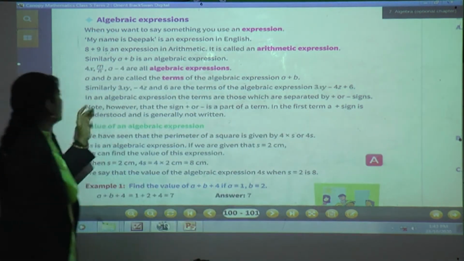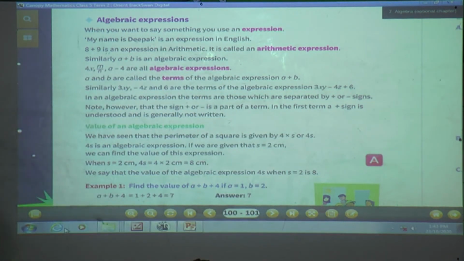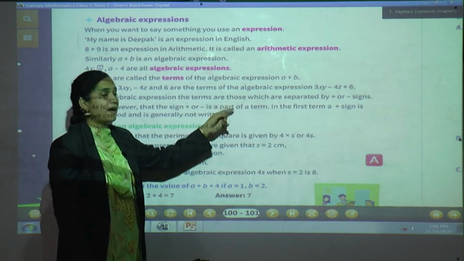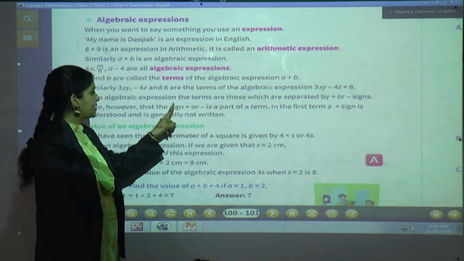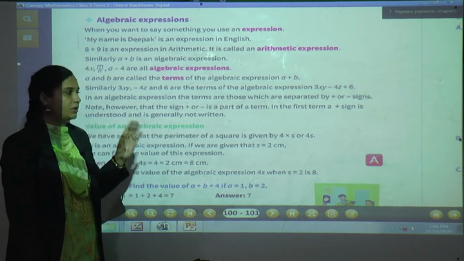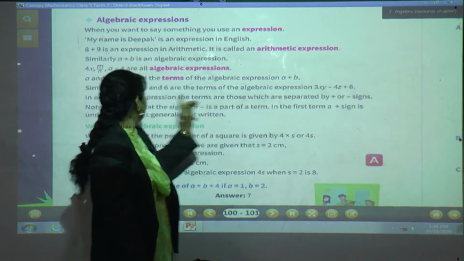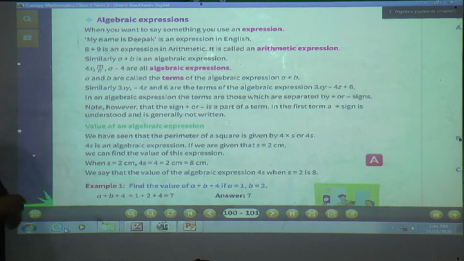Okay. Now in an algebraic expression, the terms are those which are separated by plus or minus signs. Note, here is a note. However, the sign plus or minus is a part of a term. This sign is also a part of a term. In the first term, here a plus sign is understood and is generally not written.